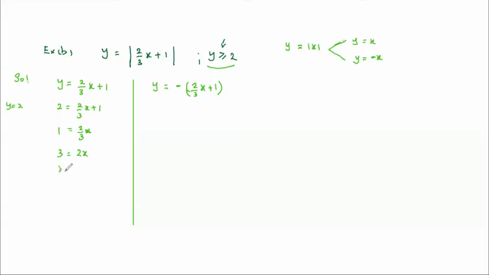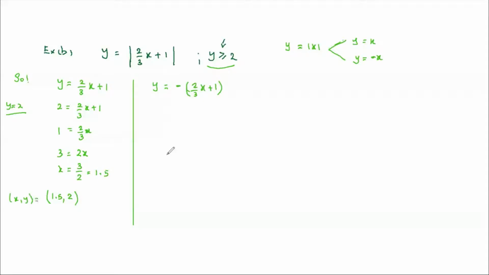Now x equals 3 divided by 2, which equals 1.5. Now we get the first coordinate point: x is 1.5, y is 2. That's the point we're going to plot on the graph.